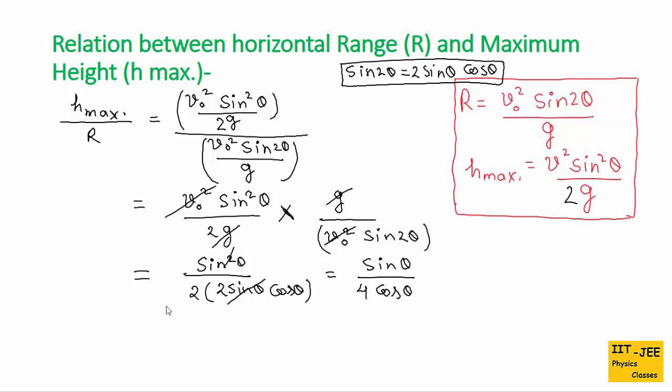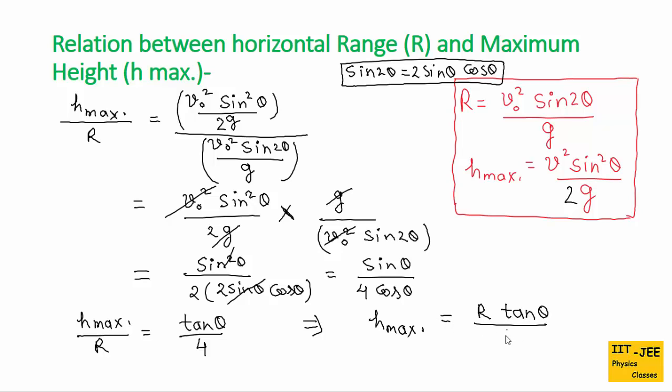So we got here height maximum divided by R equal to sin theta over cos theta, which equals tan theta by 4. We can write this equation as height maximum equals R tan theta divided by 4.